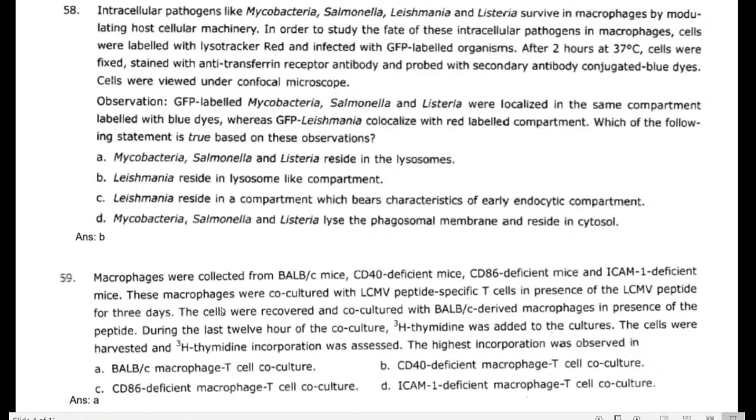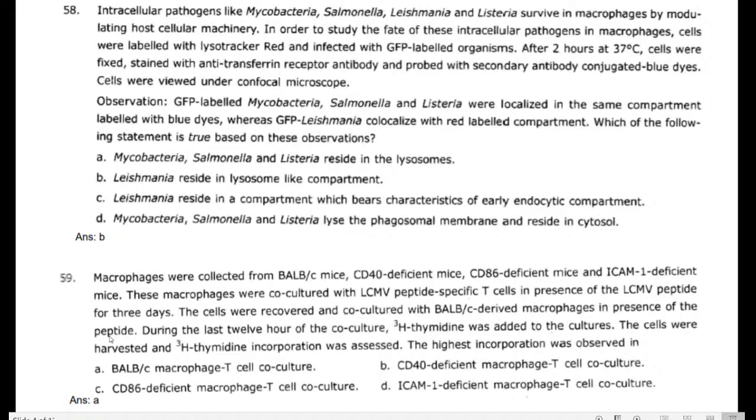These macrophages were co-cultured, meaning a mixture cultured with the LCME peptide specific T cells. CME peptides for 3 days. These cells were recovered and recultured with the BALB/c derived macrophages in the presence of the peptides.